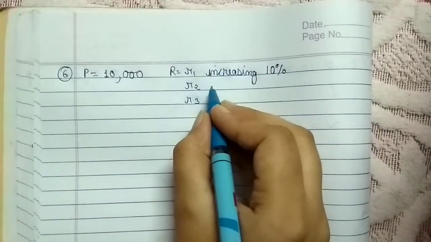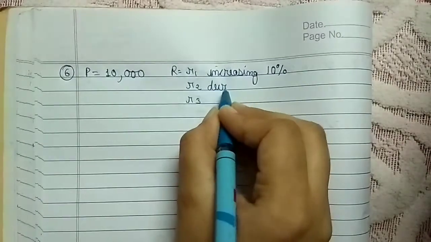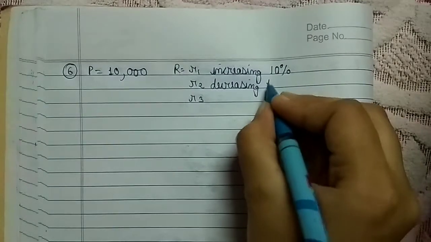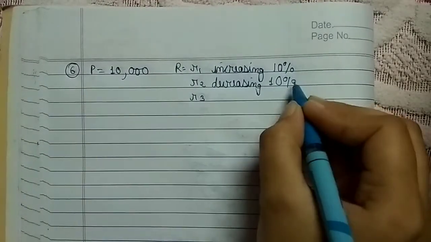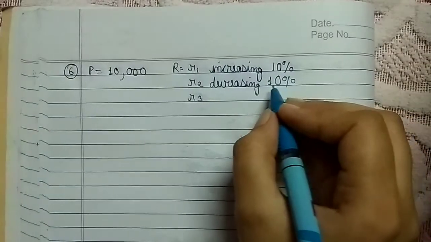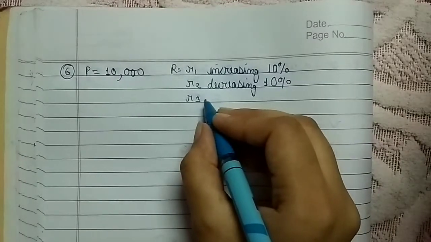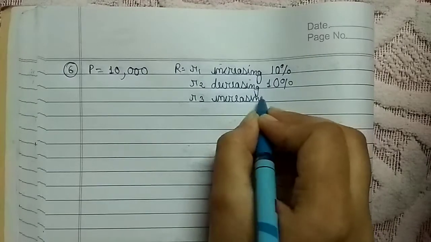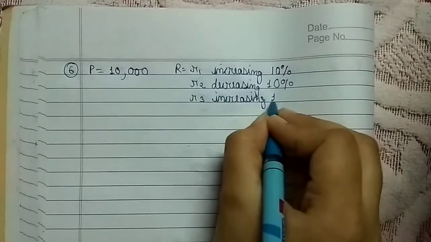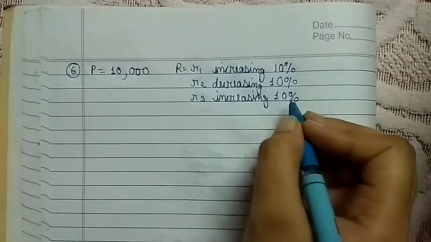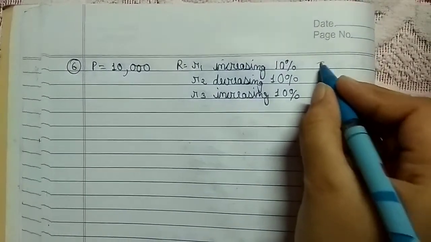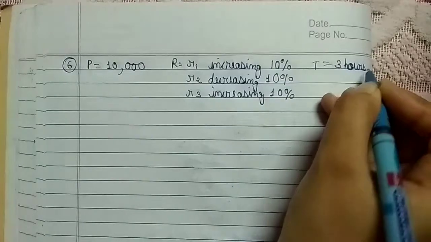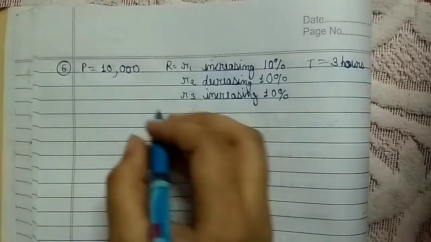In second hour, it is decreasing by 10%. And in the third hour, it is again increasing by 10%. And time is given to us 3 hours. So we have to find bacteria count.